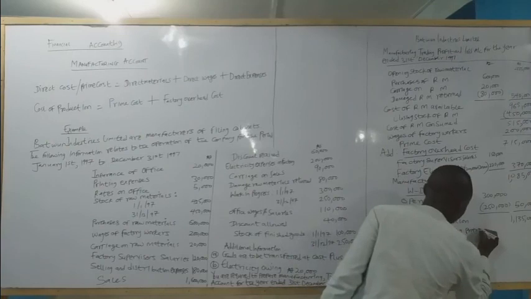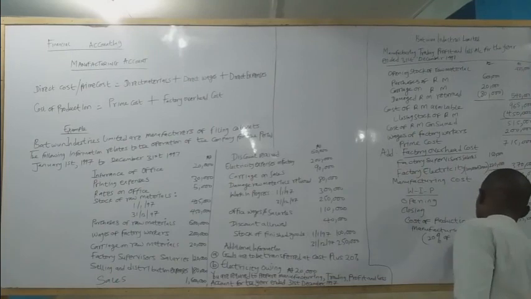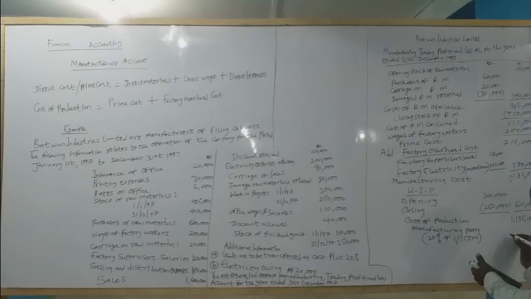So what we have to do, we take 20% of this for the manufacturing profit. Profit will be what? 20% of 1,135,000. So the 20% of this is what? 0.2 times 1,135,000. We have 227,000.